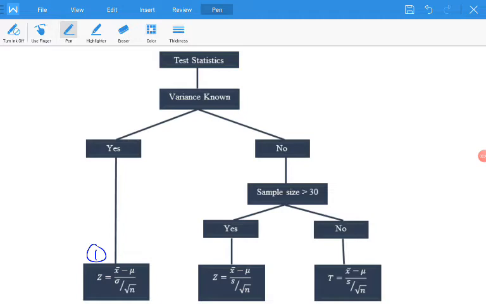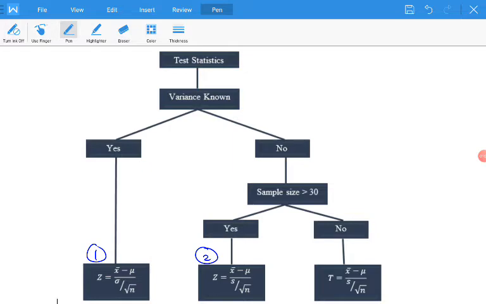And if the variance is not known, we need to consider whether the sample size is above 30 or not. If it is more than 30, we also use a formula which is more similar to the first one, which is the second, but a little bit different.